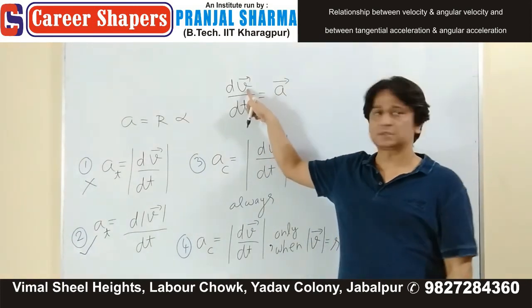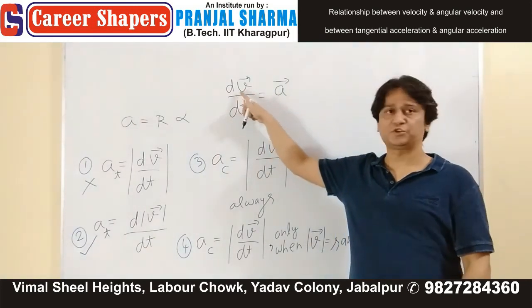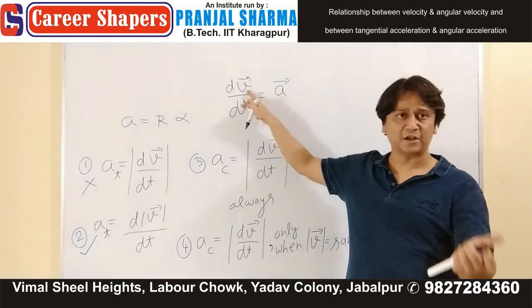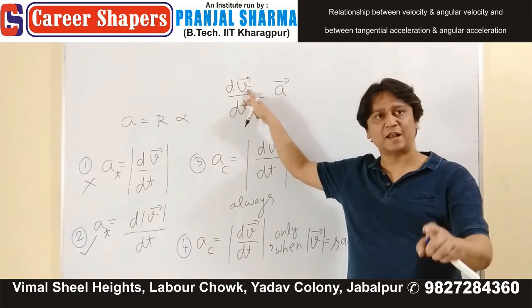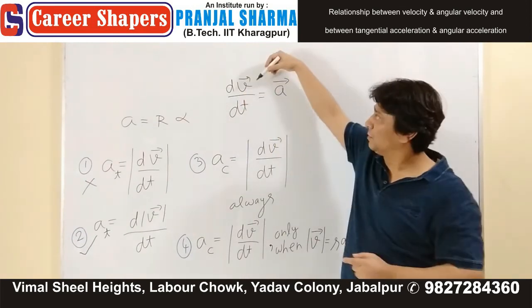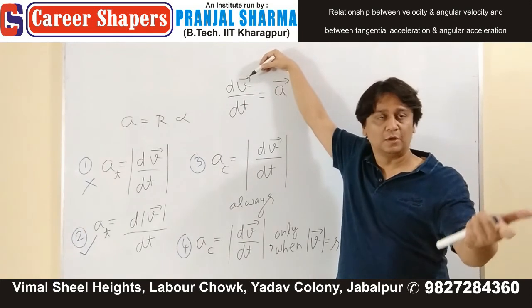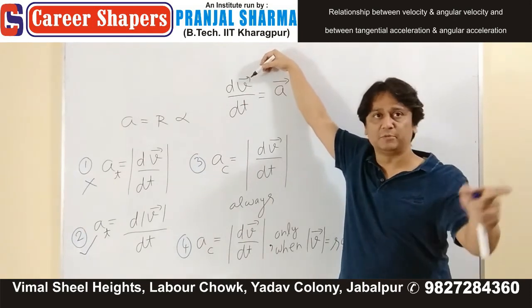What is this? Are we looking for change of speed? Are we looking for change of magnitude only or change of direction only or both? Whenever you use the v vector, it means you are talking about the total. You need the magnitude as well as the direction.